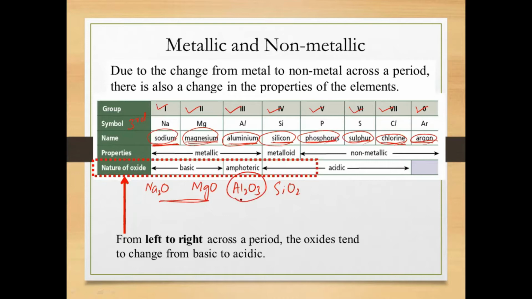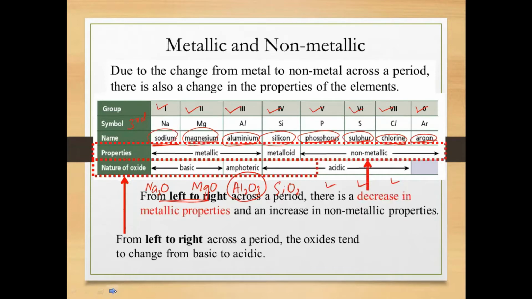The oxides of sodium and magnesium are basic. The oxide of aluminum is amphoteric. The oxides of phosphorus, sulfur, and chlorine are acidic in nature. So when we move across the period from group number 1 to group number 8, the nature of oxides changes from basic to amphoteric and lastly to acidic. Remember these points and write them down in your notes.